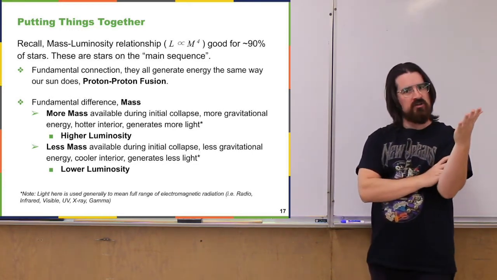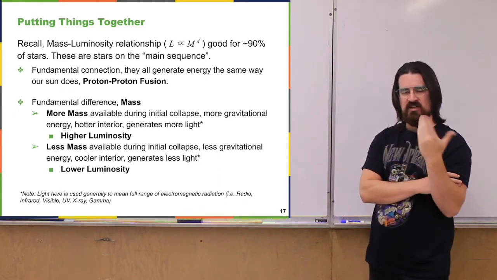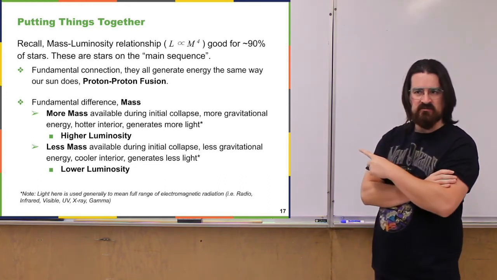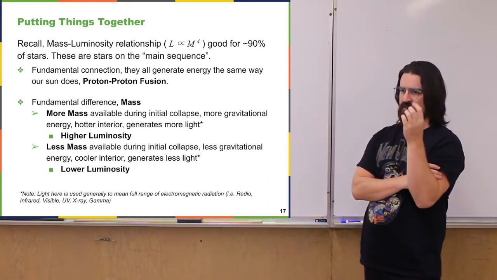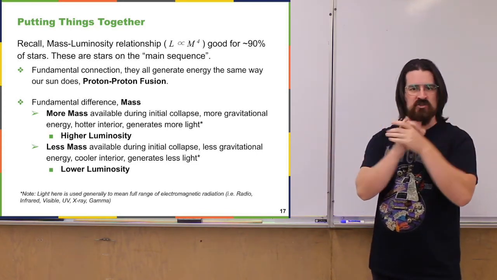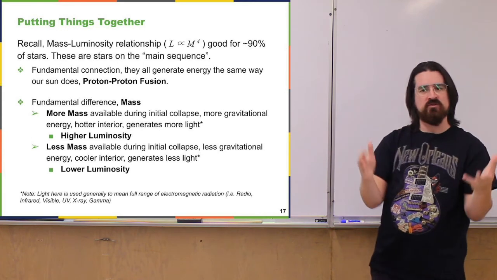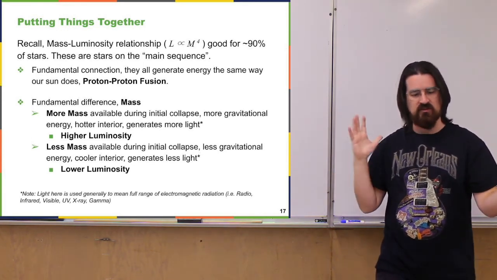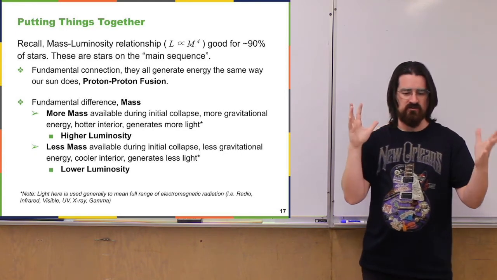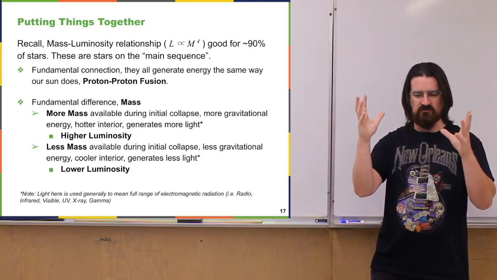So if all those stars on that main sequence are doing the same sort of thing, what is making them different? It's their mass. How much mass there was available when that star first collapsed. So think back to what I was telling you about the formation of the solar system. There was this sort of cloud of dust, and it clumps together enough, and it's swirling around a little bit, where it really wants to start to fall in on itself.